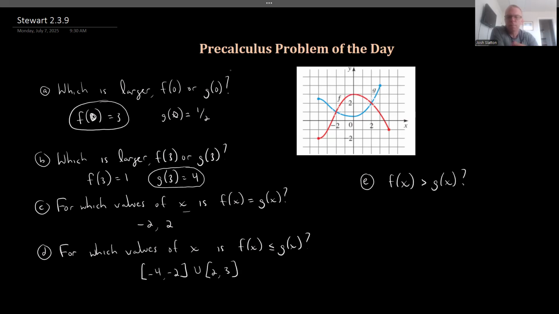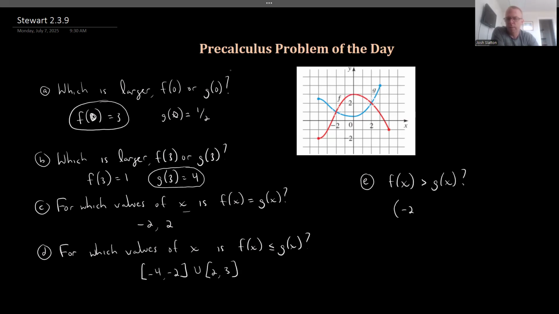Then for part E, where it says f of x greater than g of x, we just need to do the opposite. So now, where is f above? That's obviously going to be between -2 and 2. This time we're not including the equal part, strictly greater than, so we're going to use parentheses.